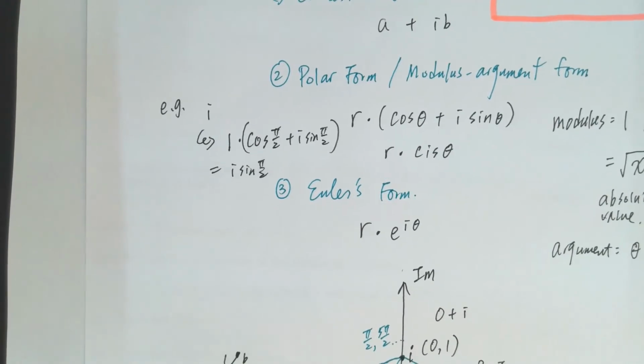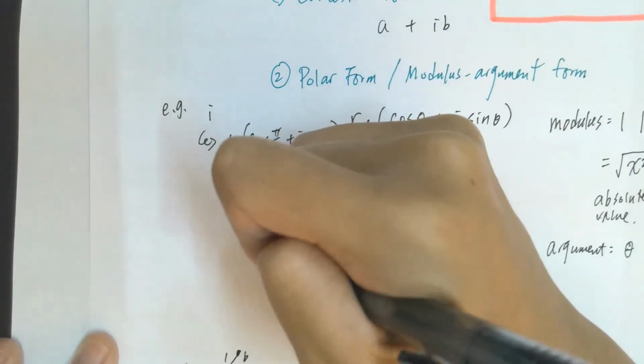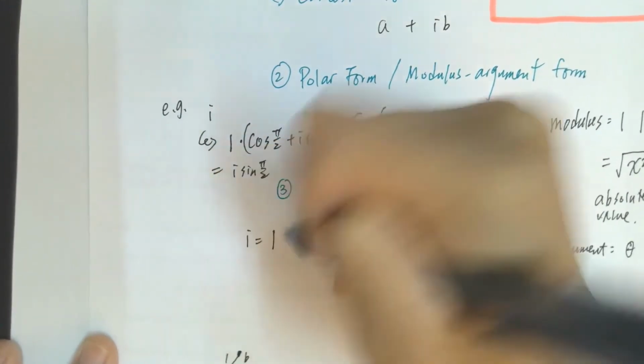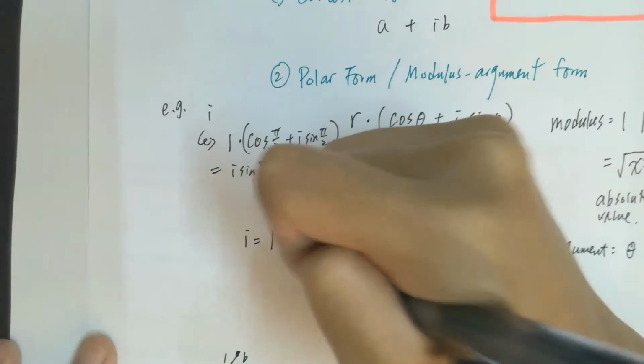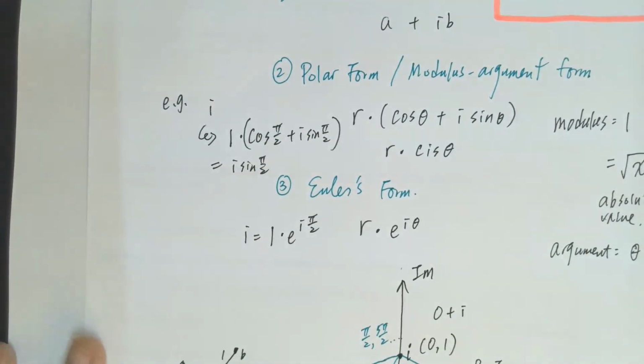So it makes sense if we represent i this way. And then it's super easy to represent i in Euler form. The distance is still 1, and then e to the i and whatever angle it is. In our case, we have e to the i pi over 2.